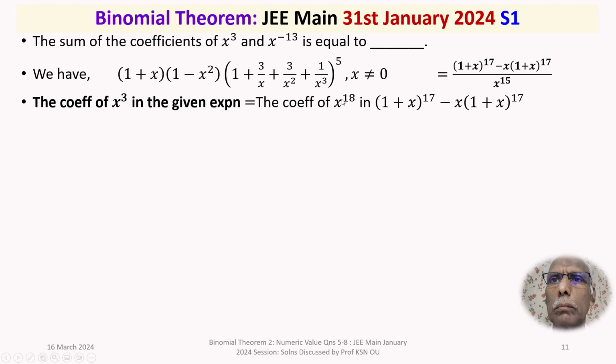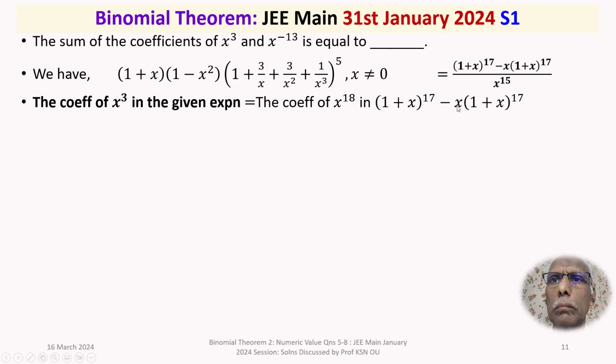Do we get x¹⁸ in this (1 + x)¹⁷? If you take the binomial expansion, the highest power of x will be x¹⁷. So there is no question of getting an x¹⁸ term in this one.